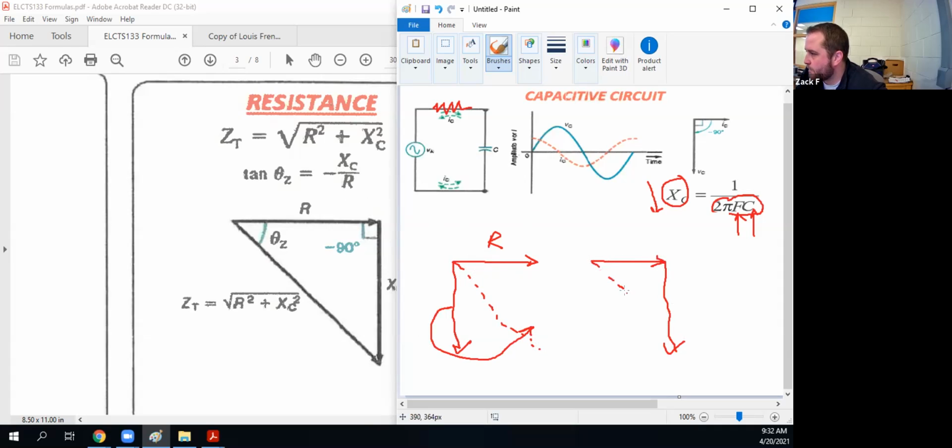Then you can solve for a triangle. In a triangle, the Pythagorean theorem says a squared plus b squared equals c squared. That means the two sides you're trying to find. Remember what this dotted line is called? The hypotenuse.